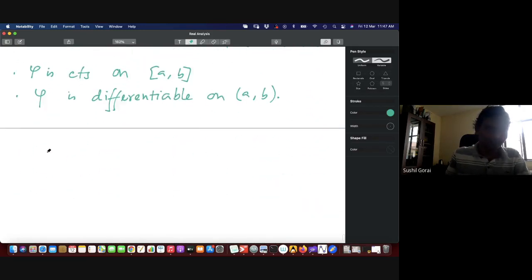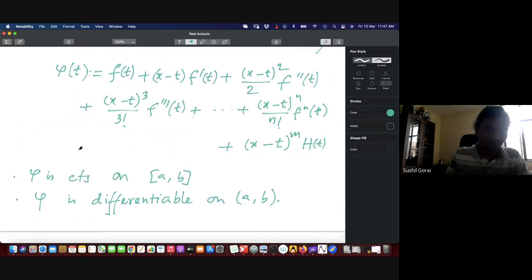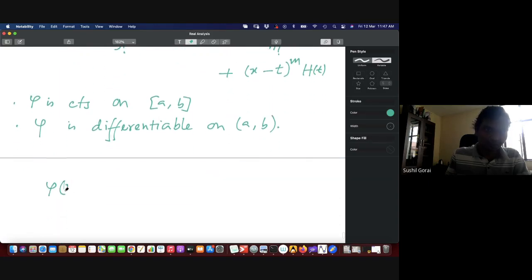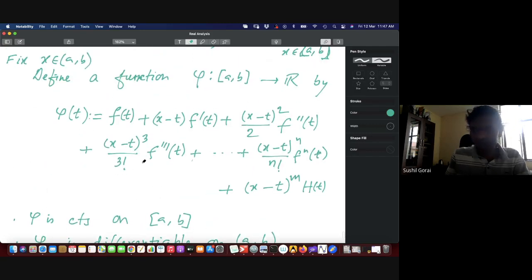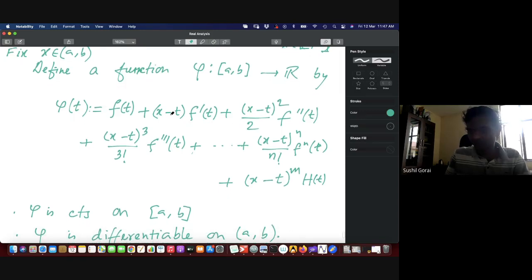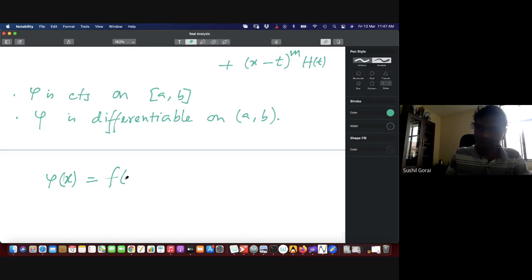So what is phi of x? Phi of x equal to f of x, right? See, the other part vanishes if you put t equal to x. Phi of x equal to f of x.